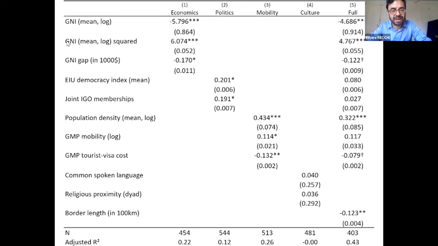But if you look at the gross national income squared, you see that countries that are on top of the income distribution worldwide also have more permeable borders. So it's the poorest and richest countries that tend to have more permeable borders.